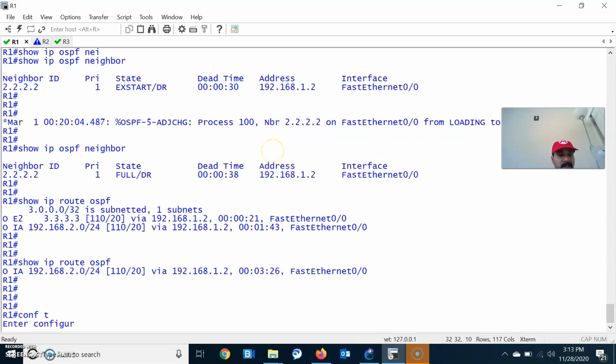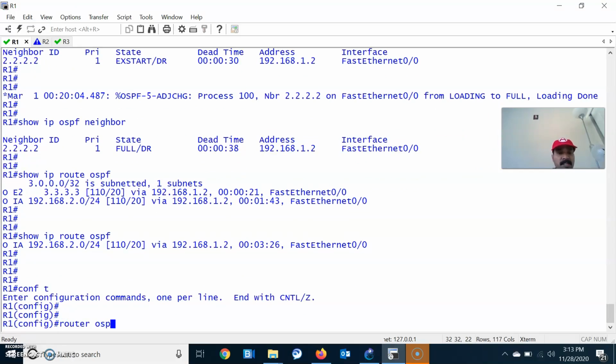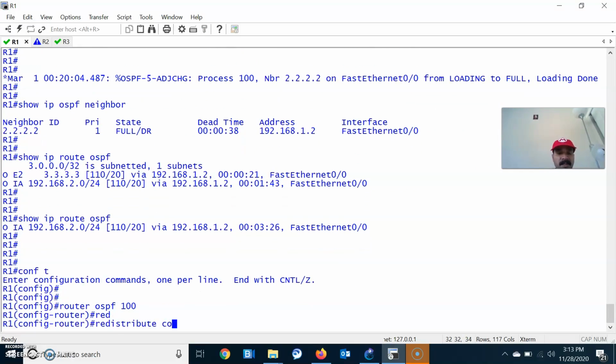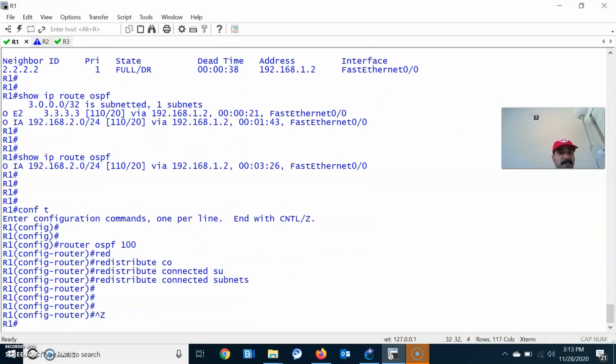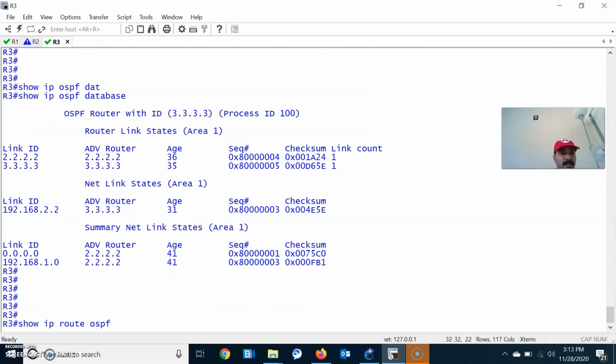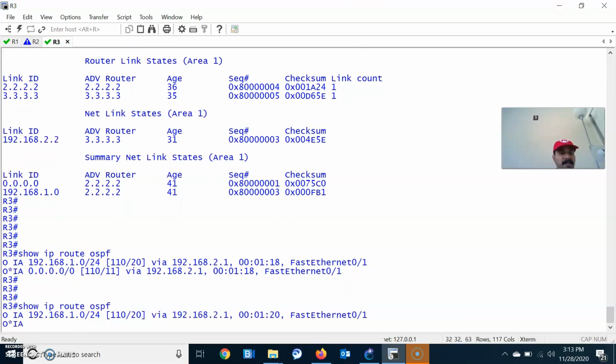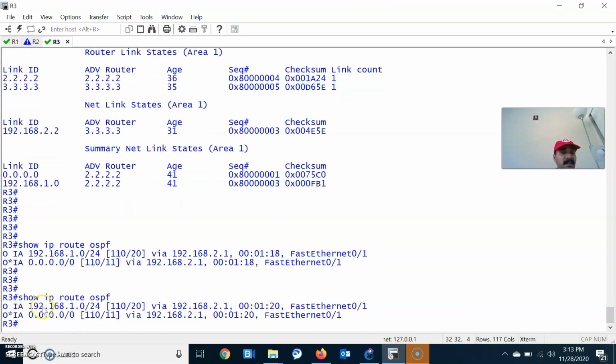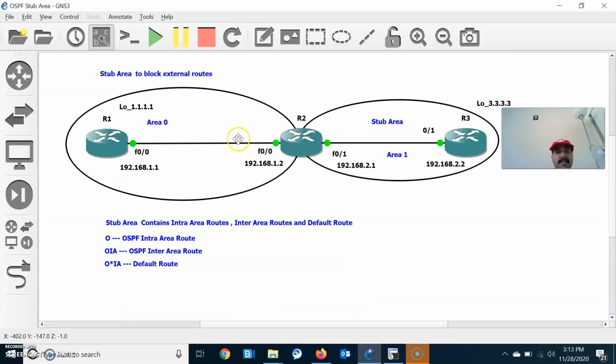Go to the configuration mode, router OSPF 100. I'm going to redistribute the connected subnets. Still it will not appear here, because the stub area will totally block the external route; it contains only inter area routes and a default route. That default route is used to reach the external networks. That is the main purpose of a stub area.